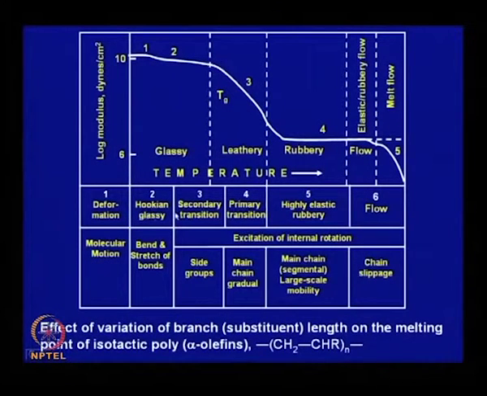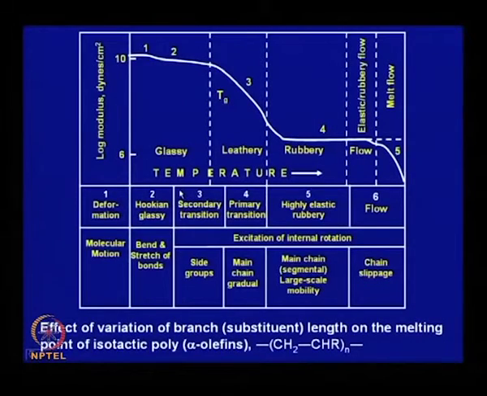From here you can understand, first of all, on application of mechanical stress as well as heat, what happens. There will be stressing on the chemical bond, that means energy is applied in two different forms that helps the deformation of the material, and that will be further augmented or accelerated by increasing the temperature.